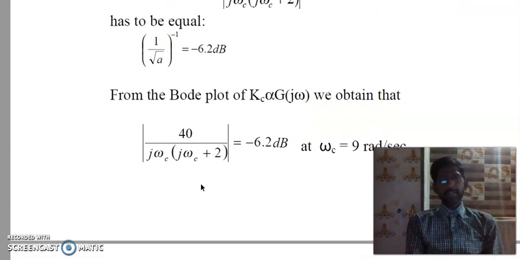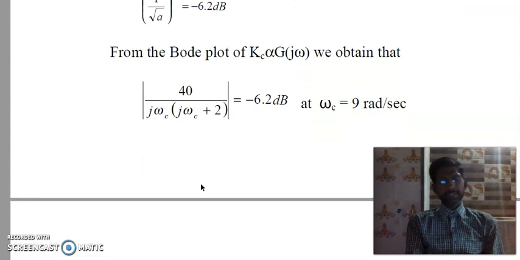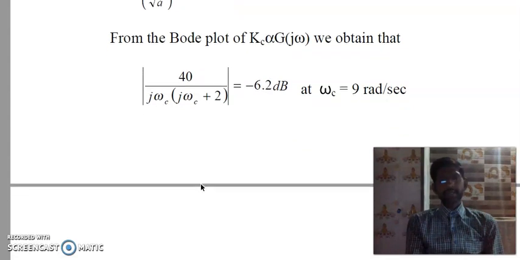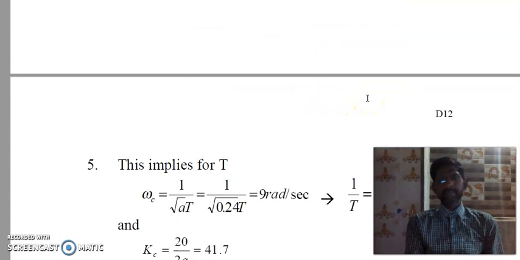From the Bode plot of Kc alpha G of j omega, we obtain that mod 40 divided by j omega c into (j omega c plus 2) is equivalent to minus 6.2 dB at omega c equal to 9 radians per second.